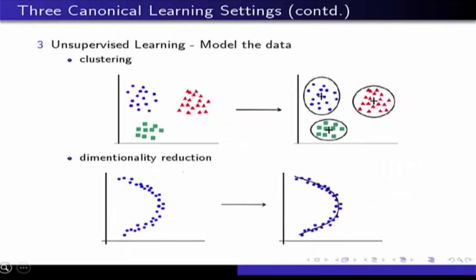The third example is unsupervised learning, where you are actually not provided the colors. So imagine that the colors are not provided on the left hand side. What would you do?